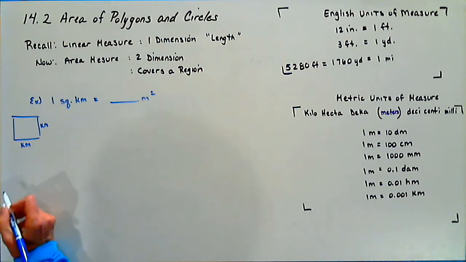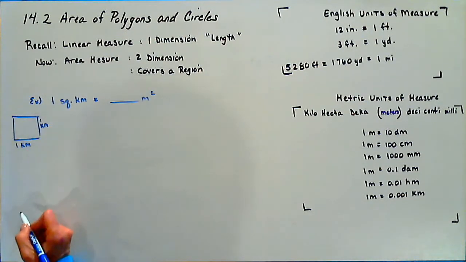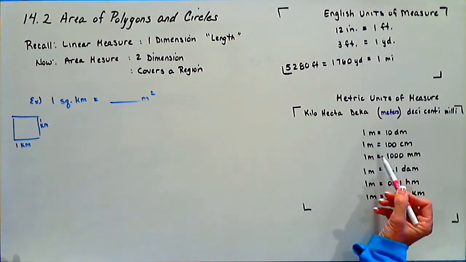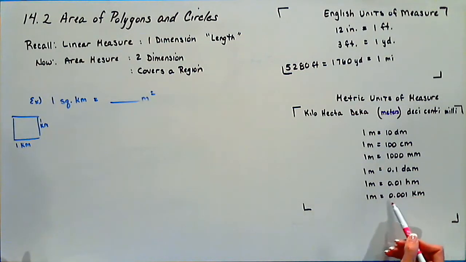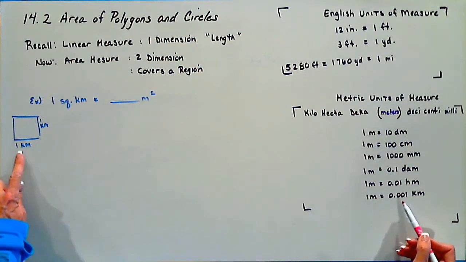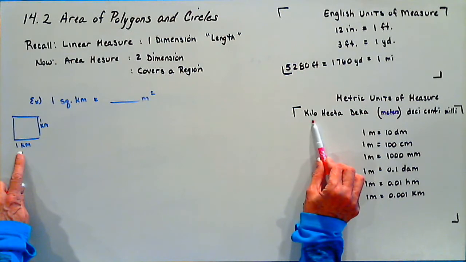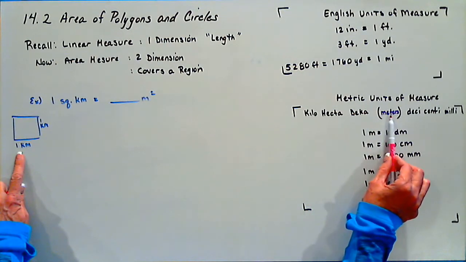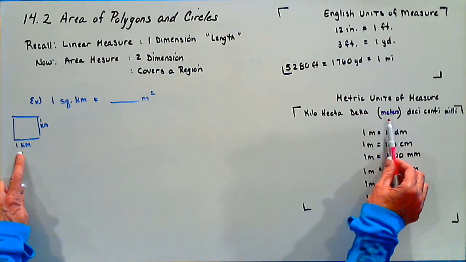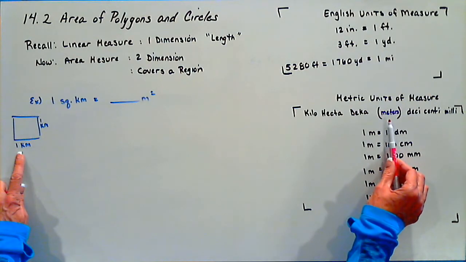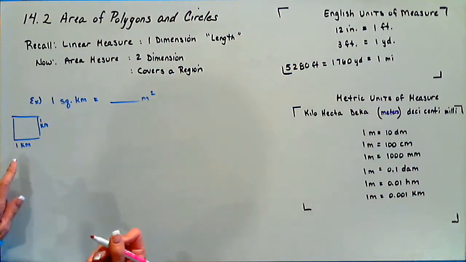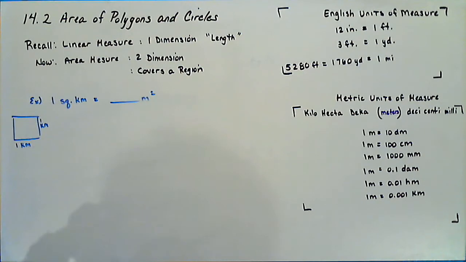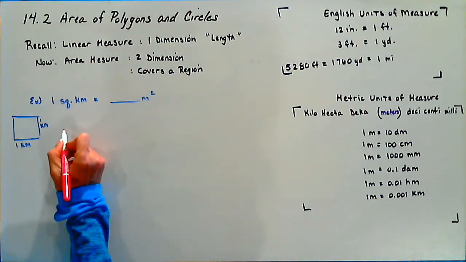And then convert each of those. Here I have a 1 by 1, and I could convert them each to meters. Well, I want 1 kilometer, so I need to go the other direction. So 1 kilometer, I would need to move my decimal 1, 2, 3 to the right in order to make it into meters. Or I could do that as I go, which is what I'm going to choose to do.